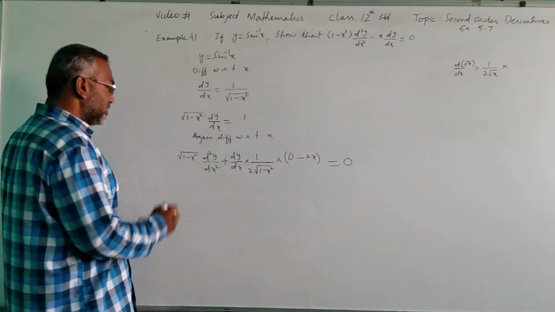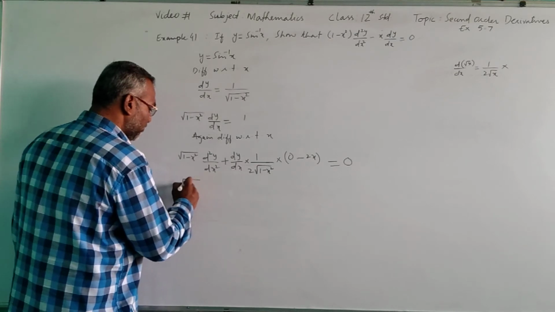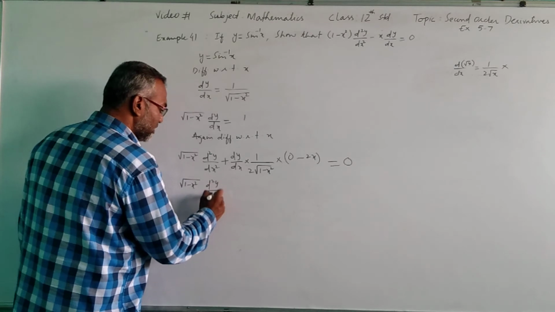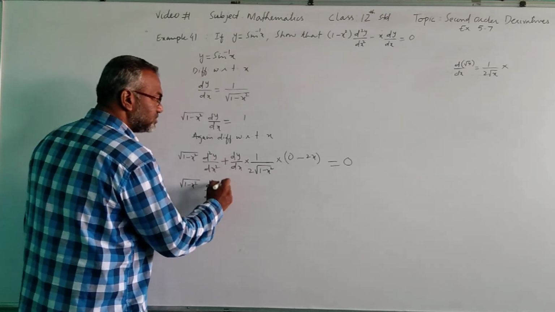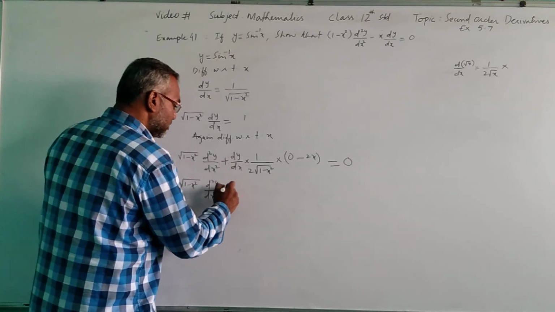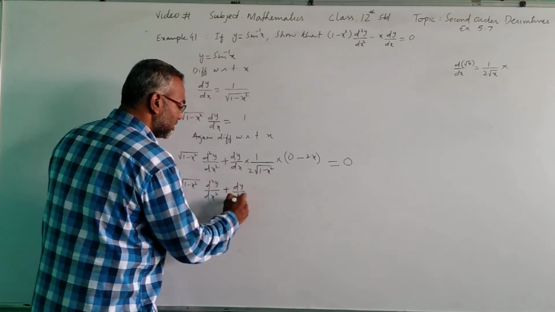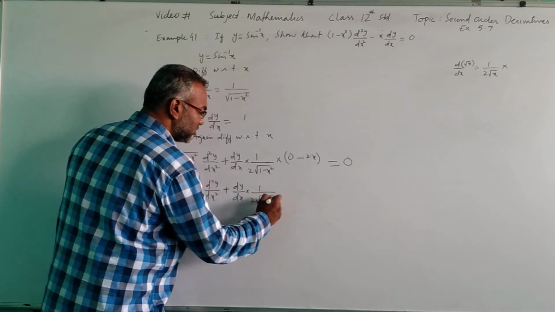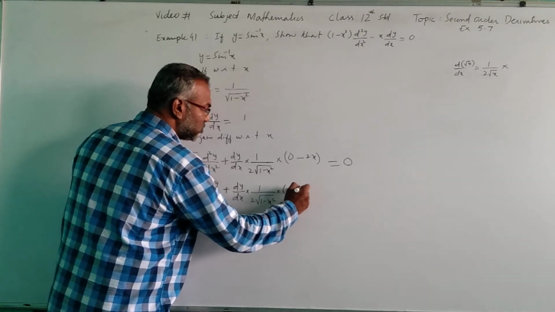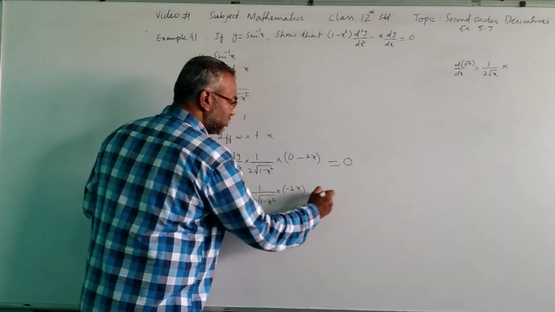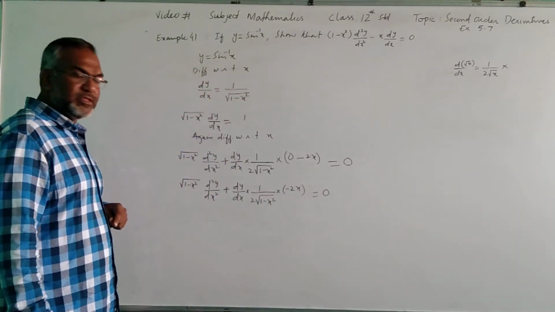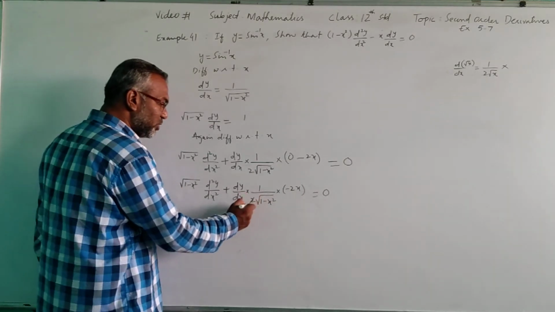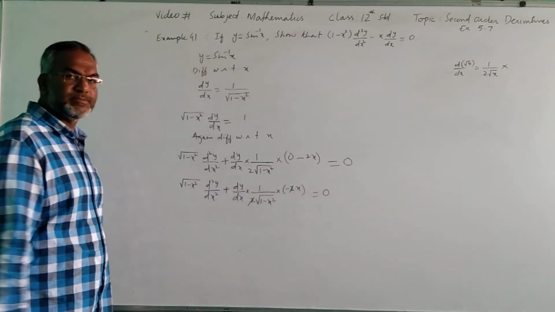Now this becomes root 1 minus x square into d square y by dx square, plus dy by dx into 1 by 2 root 1 minus x square into minus 2x, is equal to 0. 0 minus 2x is minus 2x, right?